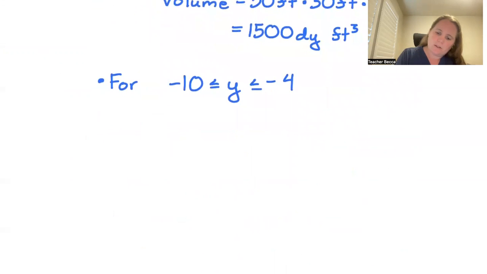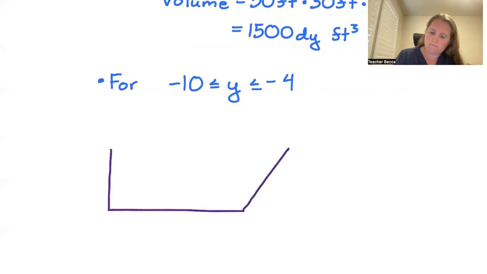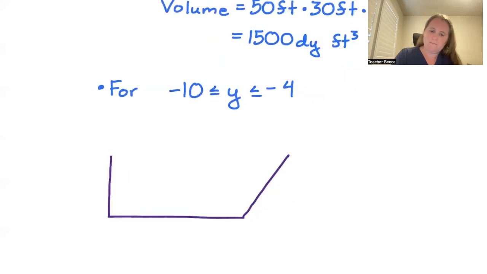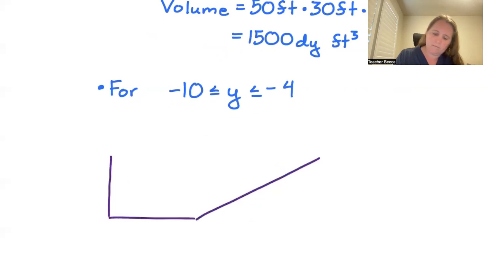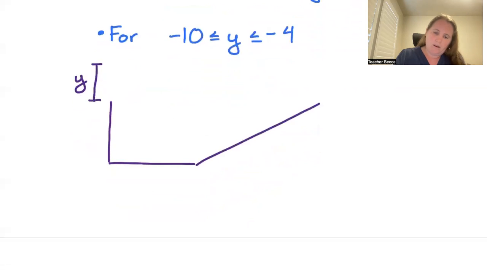So if we draw our picture, here's our y. It's a negative value. The distance here would be 10 plus y.